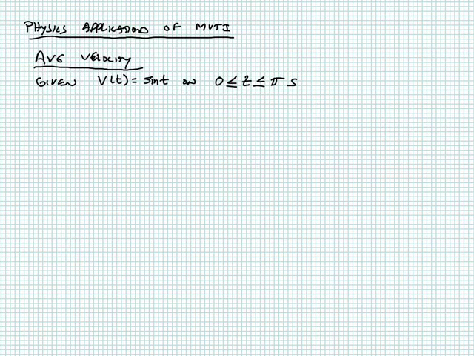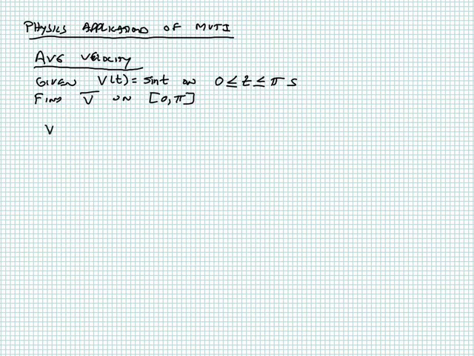And I want to find the average velocity on the time interval from 0 to pi. Now here, remember, if you're asking for average velocity, if I knew what the position was, my x, then I could use the mean value theorem for derivatives. But since the velocity is given, and I'm asked to find the average velocity, then I'm really finding the average value of the function. So I want to use the mean value theorem for integrals.